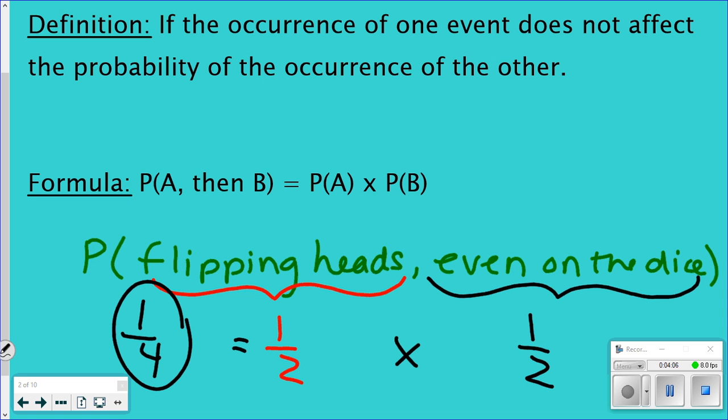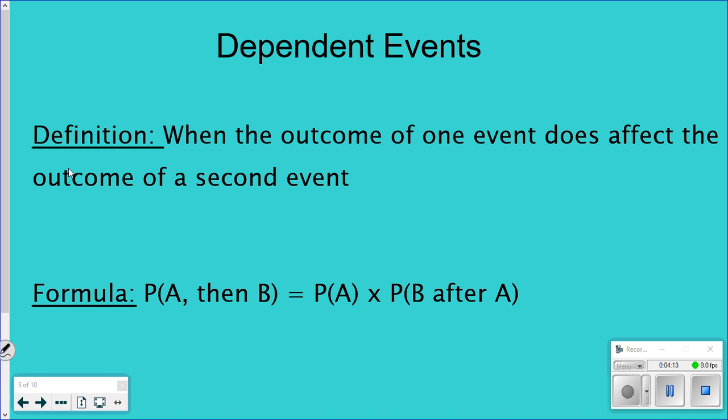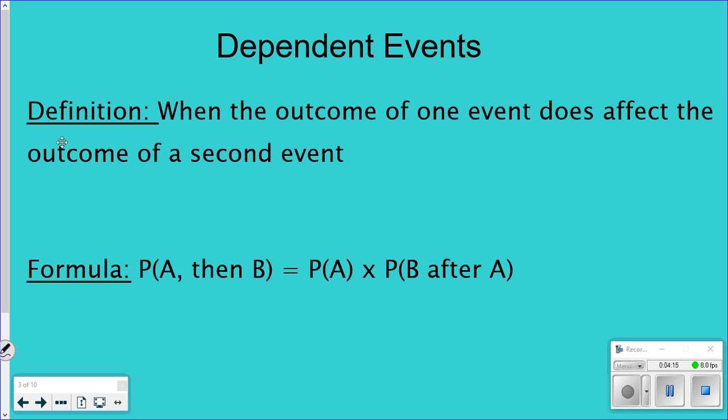Okay. All right. So let's try a dependent event then. Dependent events are right here. And I'll do an example of this with you also.